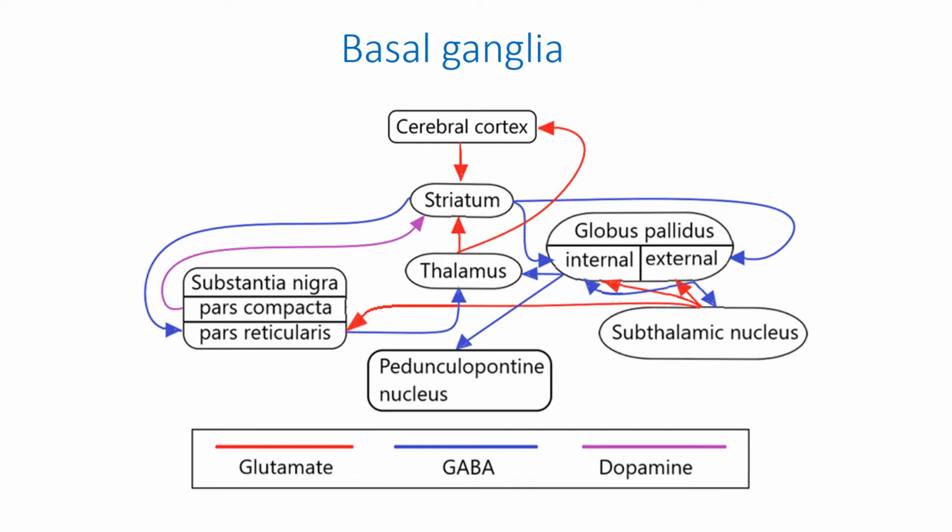They receive inputs from the cerebral cortex, thalamus, and pars compacta of substantia nigra, and they send axons to globus pallidus and pars reticularis of substantia nigra.